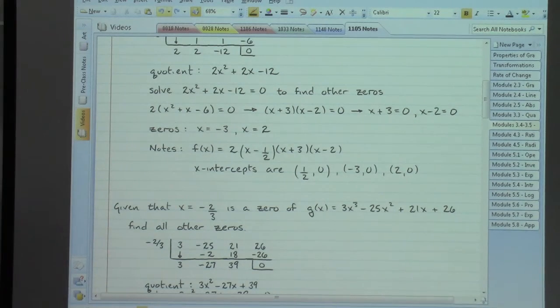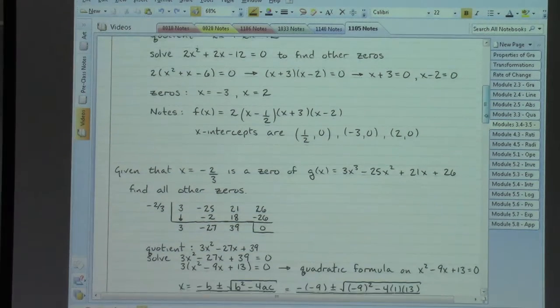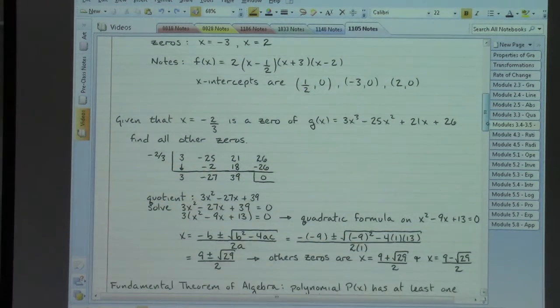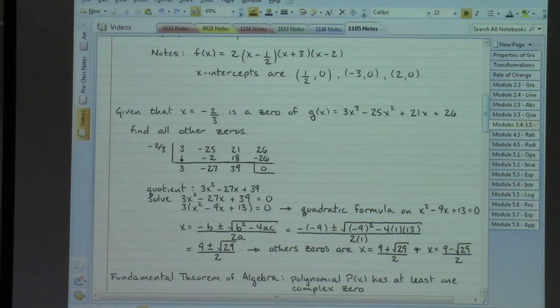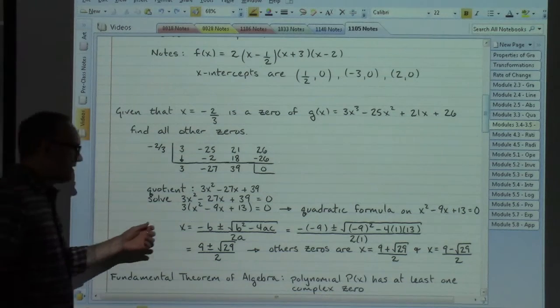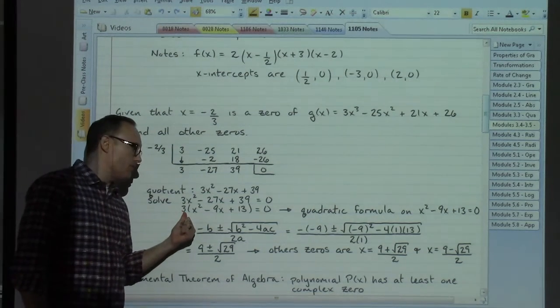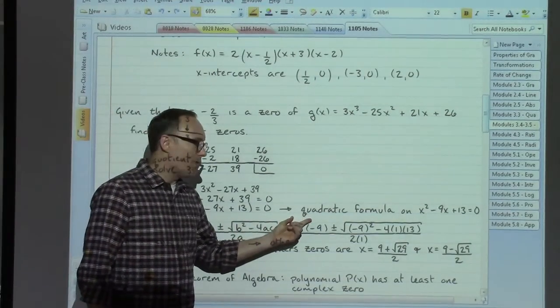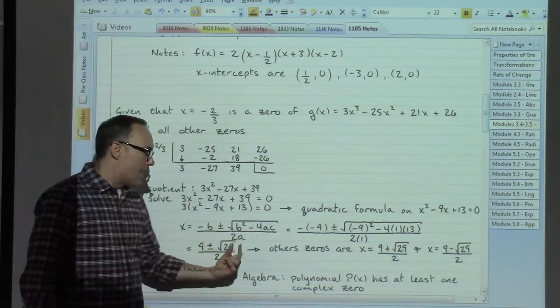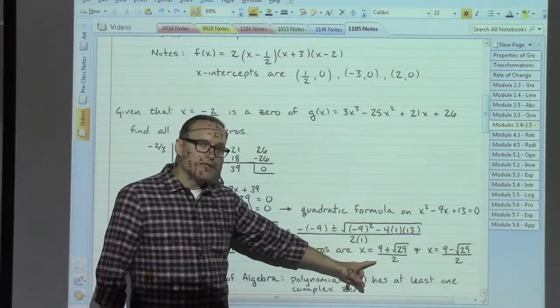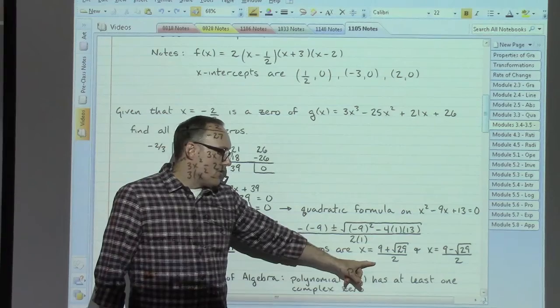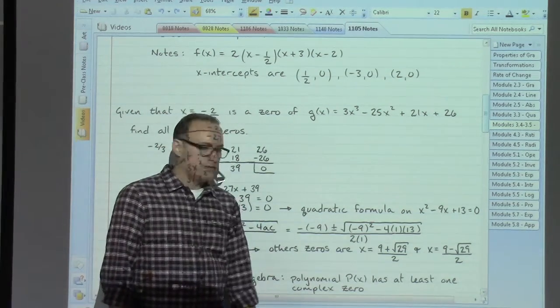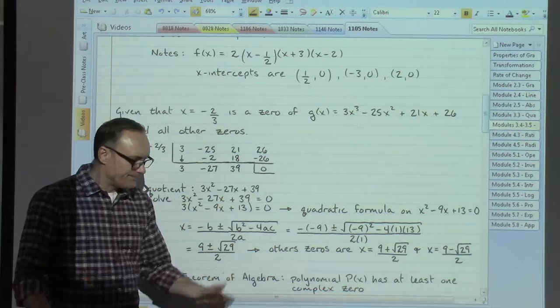And if you were paying attention as I was scrolling my screen, you saw that that's going to be a little bit of aggravation for us to solve the rest of the way through and give those other ZEROs, because I can't do anything more than factor out a 3 before I'm stuck having to bust out the quadratic formula and work through that, simplifying down and getting these two other ZEROs that have some yucky looking square roots in them.